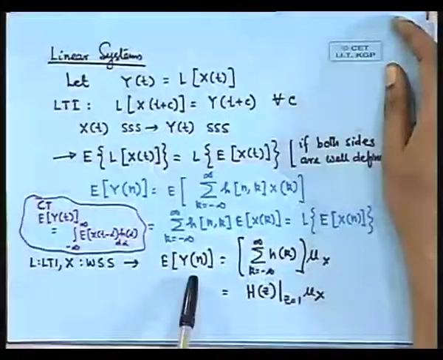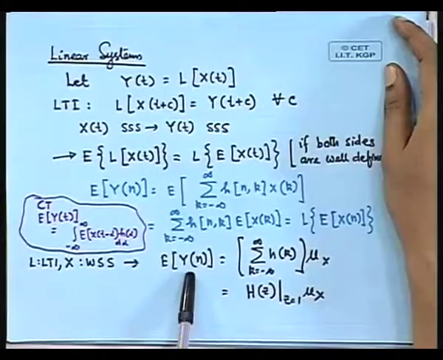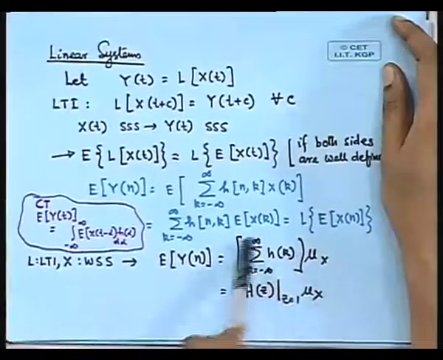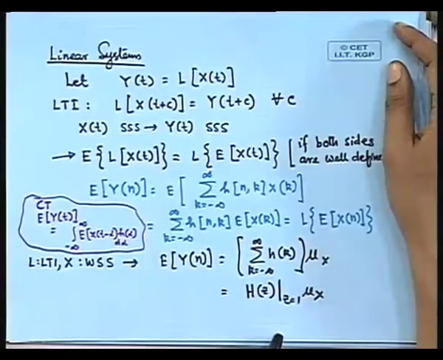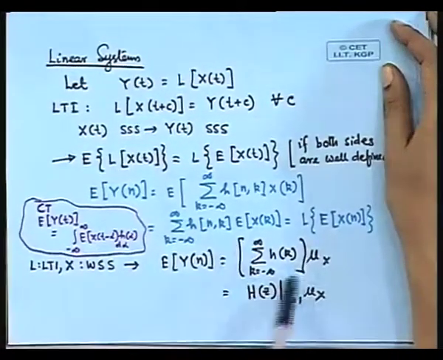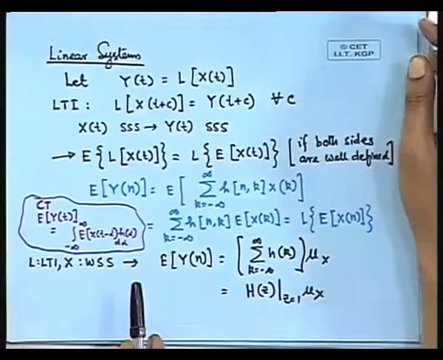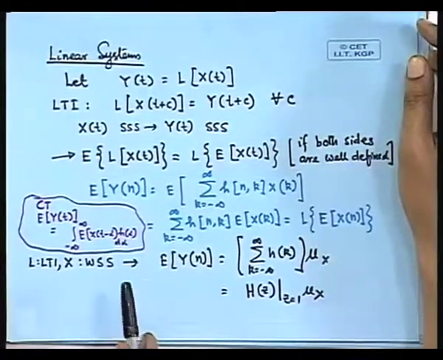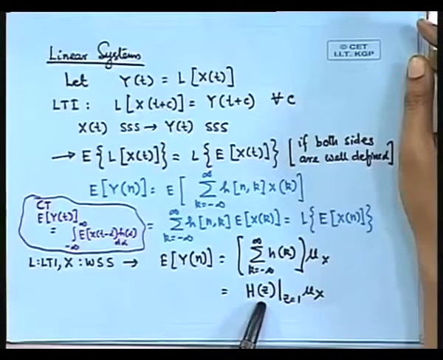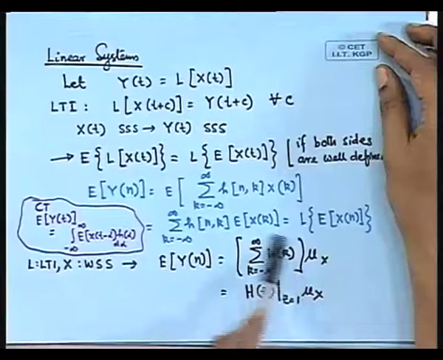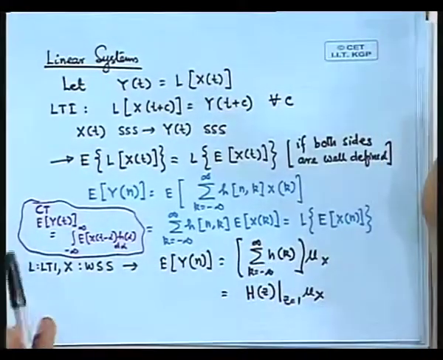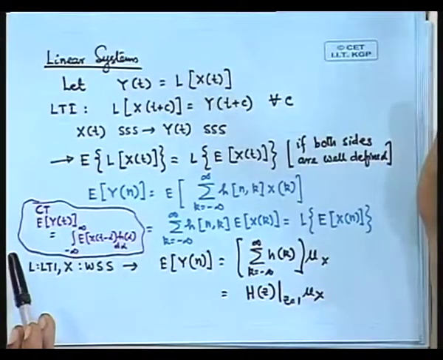So it turns out that the expectation of y_n will be nothing but this for LTI systems, and now this is sometimes written as, if you are familiar with Z transfer functions, then you can easily recognize that if you get the Z transfer function and put Z equal to 1 there, then you get this. In fact, it is the steady state gain of the operator, right.